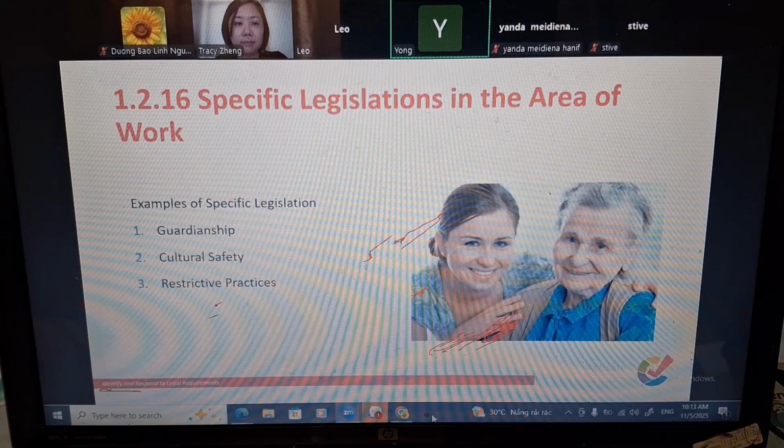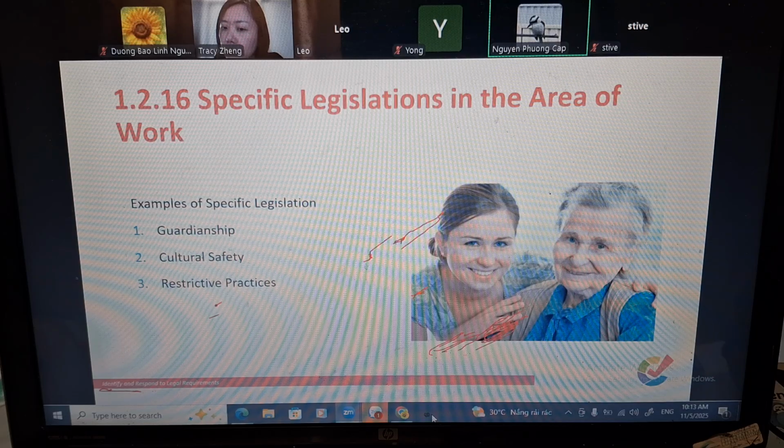We respect other cultural groups. That's too general. Yeah, you're right. Definitely, we do need to respect other cultural groups. But in our workplace, what else do we need to do in terms of cultural safety? We need to support, respect, and make them feel valued about their cultural aspect. Okay, yeah, it's good. So what do we do to show our respect to the client's culture?